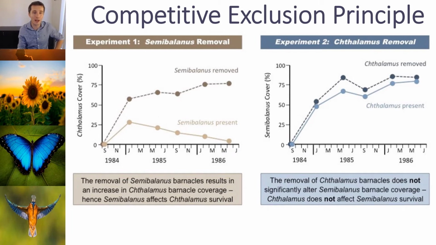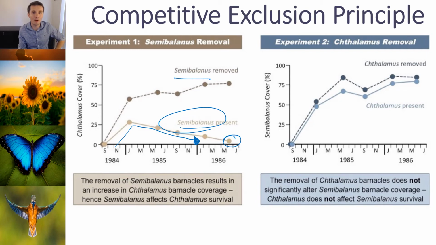Let's just go with that. So you notice when I look at this data, when the Semibalanus barnacle is present, you get an increase initially, but then as the barnacle begins to outcompete, you see the gradual decrease in the population until it reaches a point where it is competitively excluded from that ecosystem there.